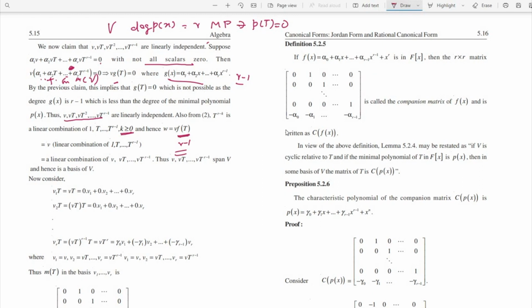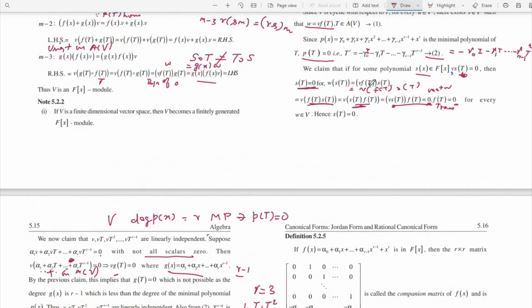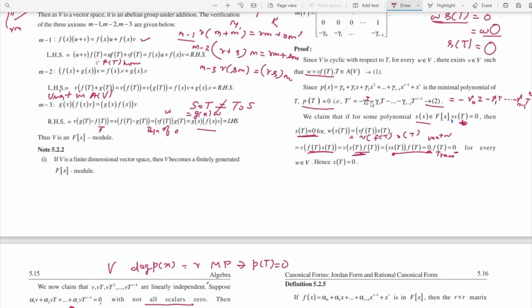So whatever may be the degree, for example, I have my r to be say 3, then I will have 1, t, t square. So if I have t cube, already from here, if I consider p of x, gamma naught plus gamma 1 x plus gamma 2 x square plus gamma 3 x cube. We have taken our r to be 3, so this is what we get.